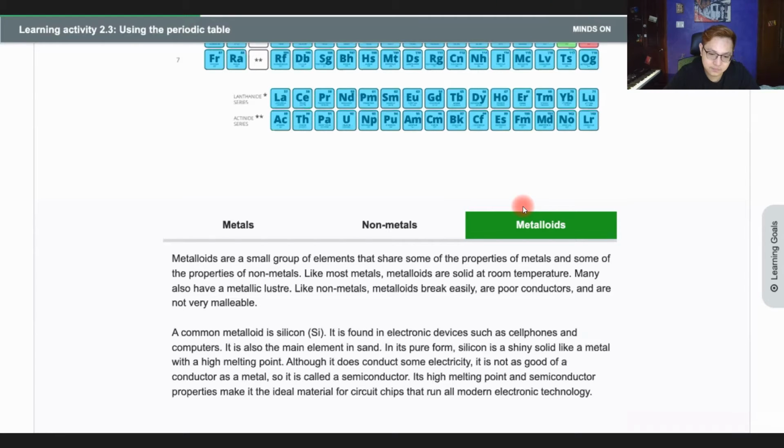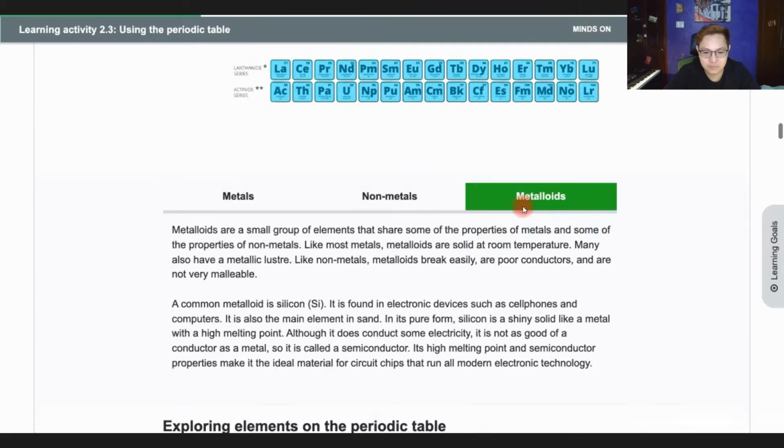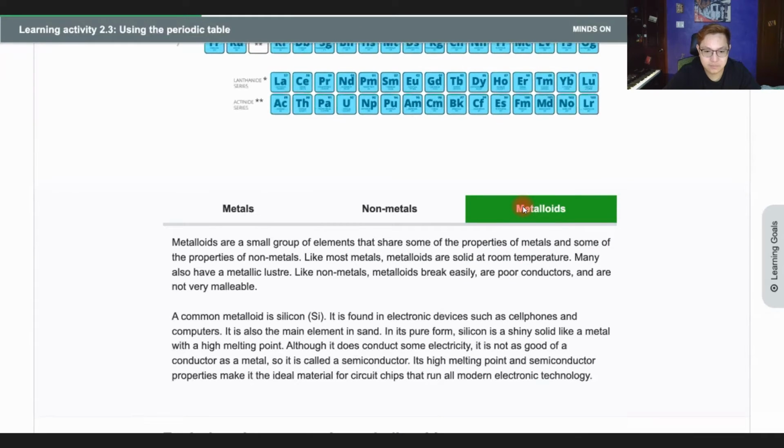Although it does conduct some electricity, it is not as good a conductor as a metal, so it is called a semiconductor. Its high melting point and semiconductor properties make it the ideal material for circuit chips that run all modern electronic technology, like in our computers.